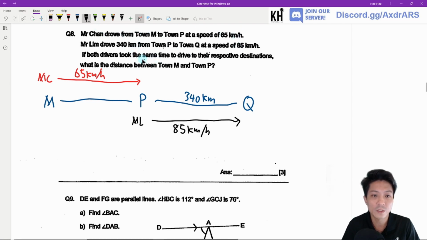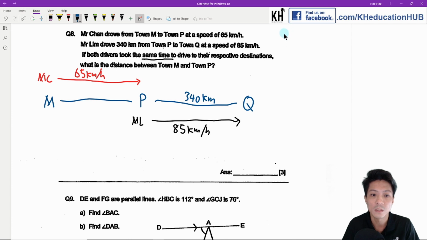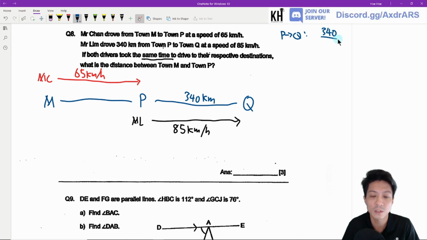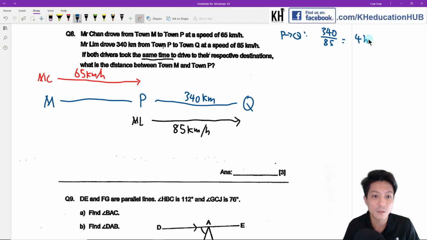Both drivers took the same time to drive. So now I'm going to find the time taken for Mr. Lim to drive from P to Q. P to Q, that would be 340 divided by 85. It's going to be 4 hours, which means that Mr. Chan also took 4 hours.